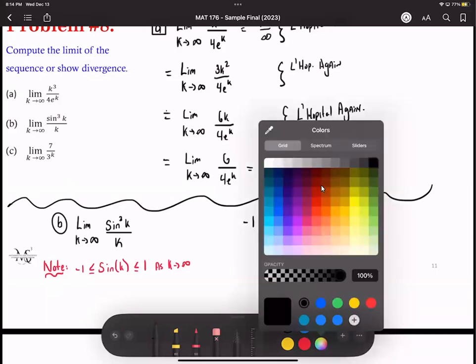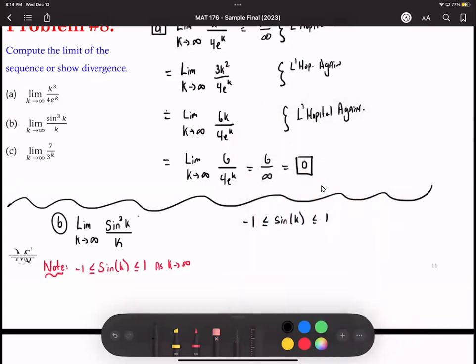Notice that the sine of k in the sequence is raised to the third power, so I'm raising -1, sine of k, and 1 all to the third power. -1 to the third power is just -1, sine cubed of k is less than or equal to 1 to the third, which is 1.